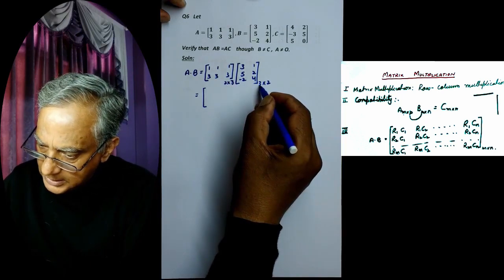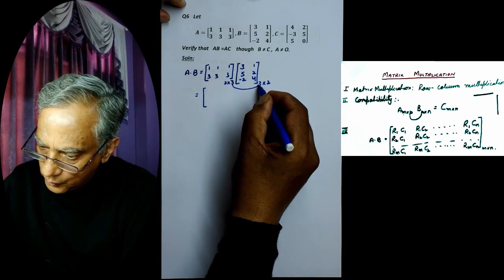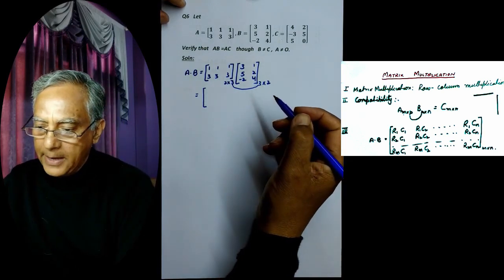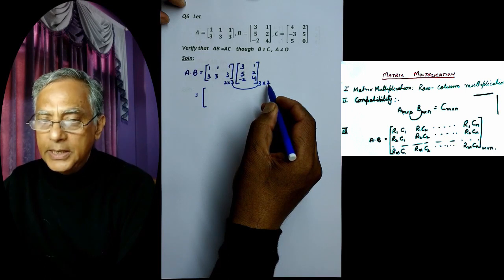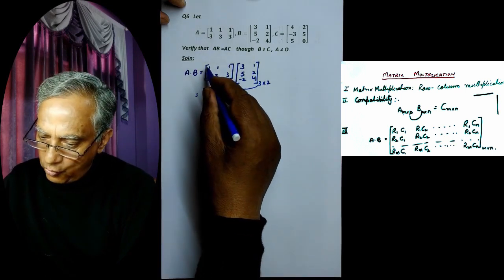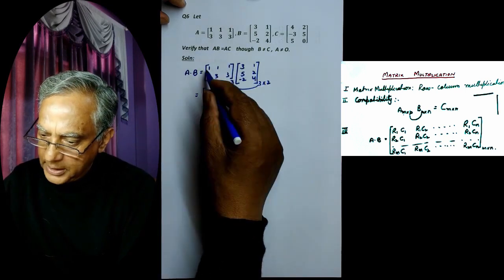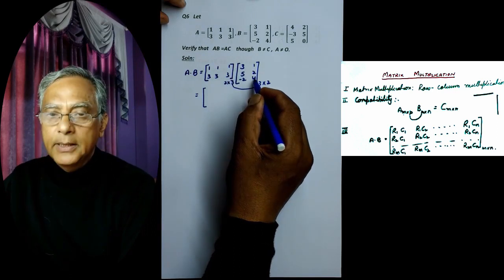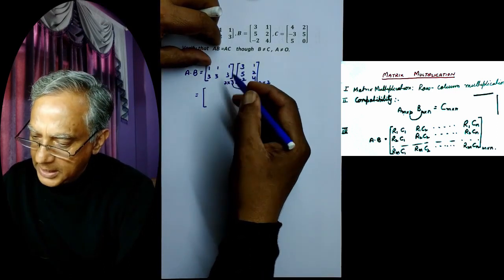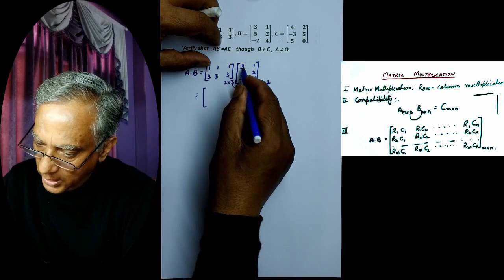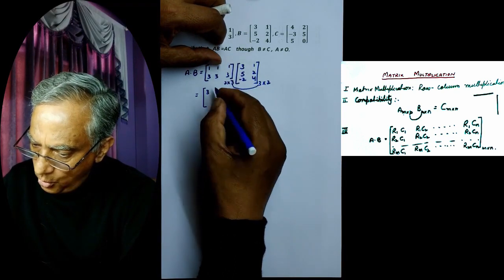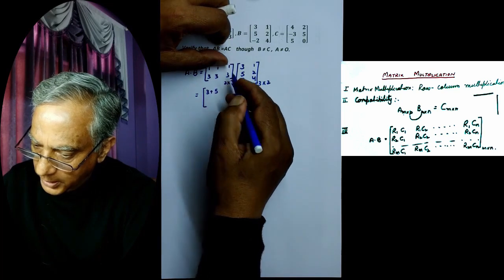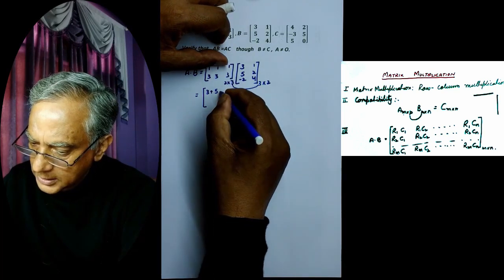So this is equal to this. Therefore, compatibility condition is satisfied and the result will be a 2 cross 2 matrix. So we multiply this row with this column, this row with this column. So first entry with first. This is 1 into 3, 3 plus 1 into 5, 5, 1 into minus 2.